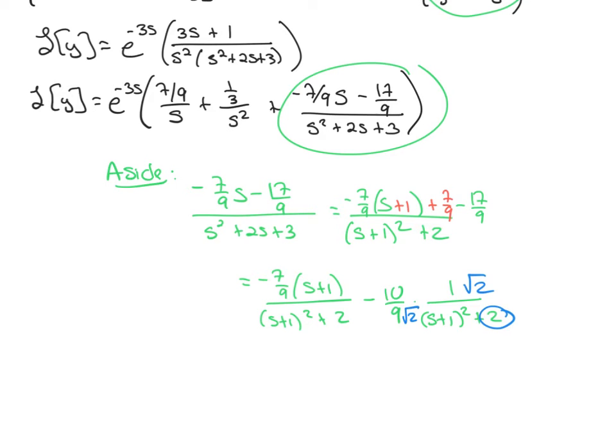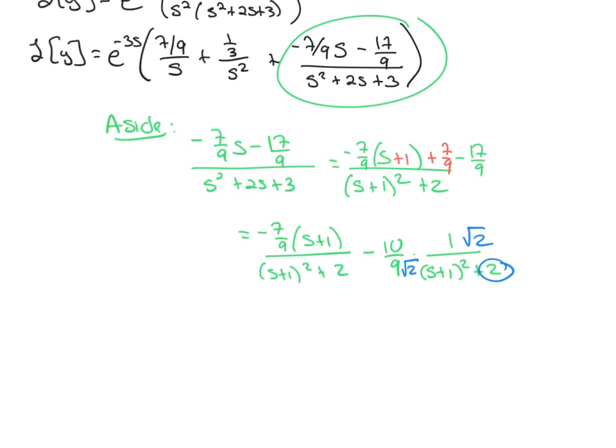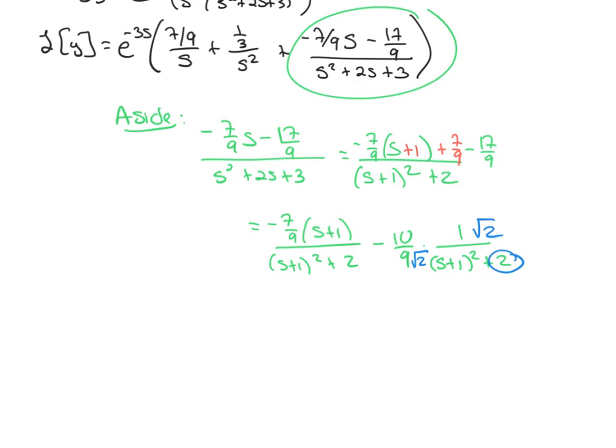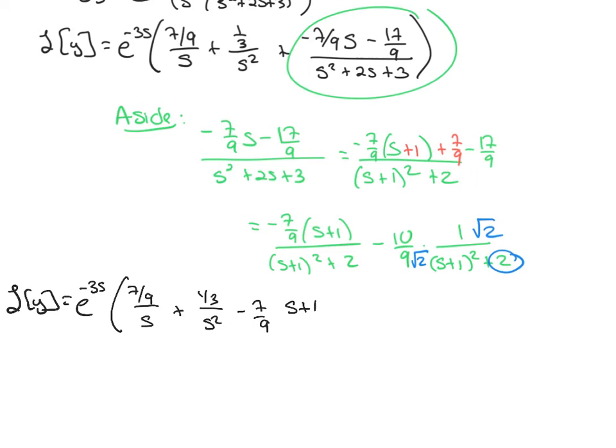Okay, so here we go. We shift up just a little bit. So we've got the Laplace of y is equal to e to the negative 3s times the 7/9 over s plus the 1/3 over s squared, and now minus 7/9 times s plus 1 over s plus 1 squared plus 2.